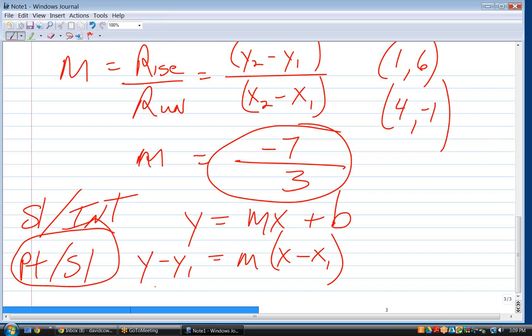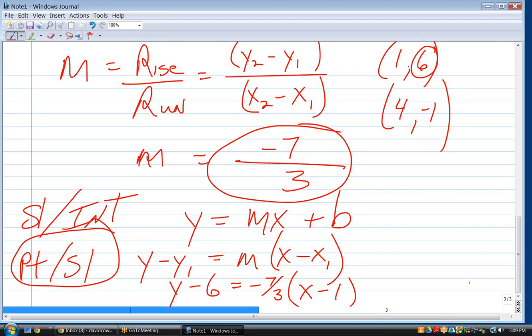Top one, okay. What's the point-slope format? y minus y sub 1. There's y sub 1. y minus 6 equals negative 7/3 times x minus 1.